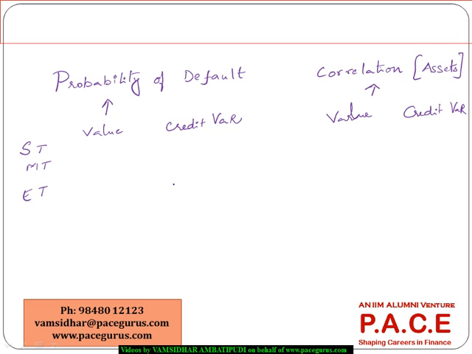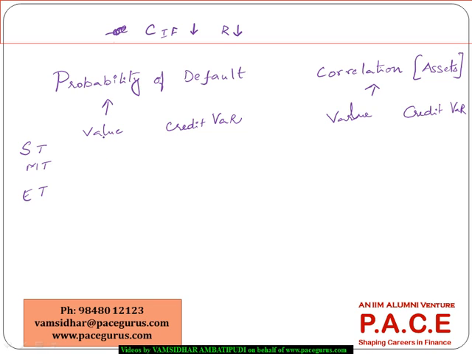Straightforward, the first thing, let's say I am talking about the probability of default. If the probability of default is increased, the cash flows are going negative, because the cash inflows are actually coming down. Probability of default is increased means cash inflows are coming down, so the residuals will come down. So overall, the chances of default are increasing.